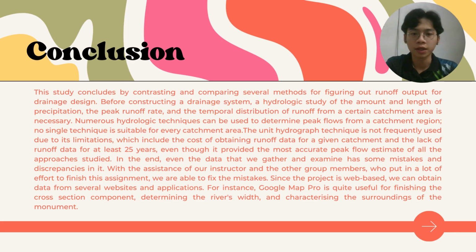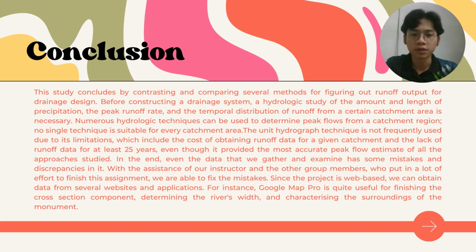Numerous hydraulic techniques can be used to determine peak flows from a catchment region, and no single technique is suitable for every catchment area. The unit hydrograph technique is not frequently used due to its limitations, which include the cost of obtaining runoff data for a given catchment and the lack of runoff data for at least 25 years, even though it provided the most accurate peak flow estimate of all the approaches studied.